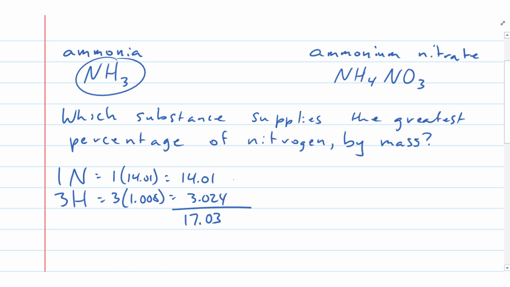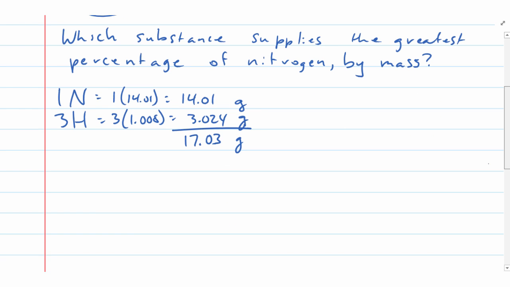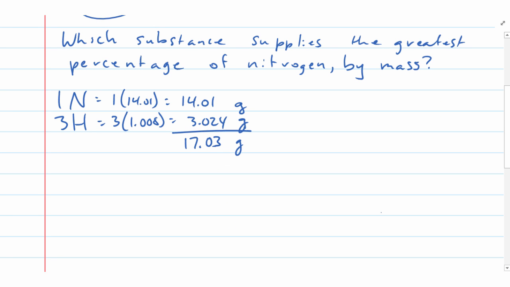Now if we're dealing with mole size quantities, what would the units be if these are in moles? Grams, right. And actually it turns out that the units do not really matter, other than they are mass units, because any mass units will cancel out. If we want to find the percentage of this nitrogen, we take the part, which is 14.01 grams.